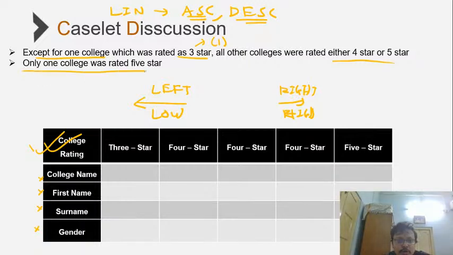Also it says only one college is rated as 5-star, which means the count of 5-star colleges is also going to be 1, which means the remaining 3 colleges are the ones in the 4-star category. So one college is 3-star, one college is 5-star, and the remaining 3 colleges fall in the 4-star category, and that is how we've kept the column headers in place.